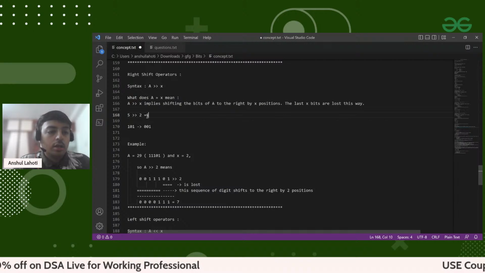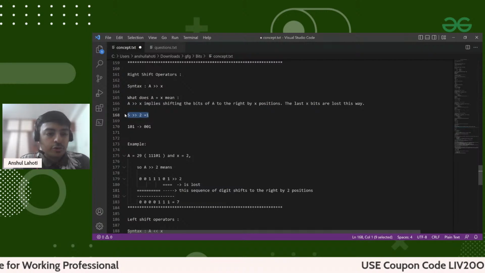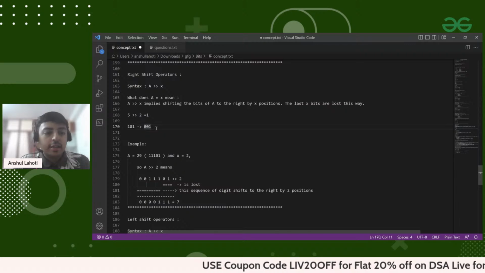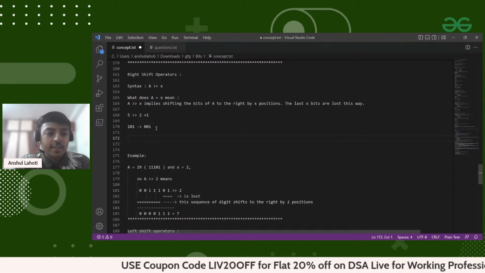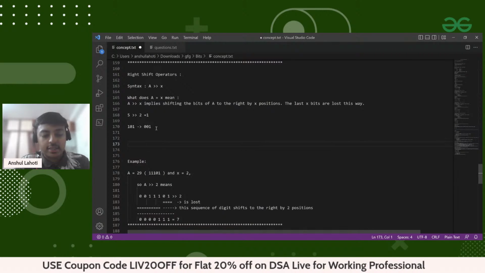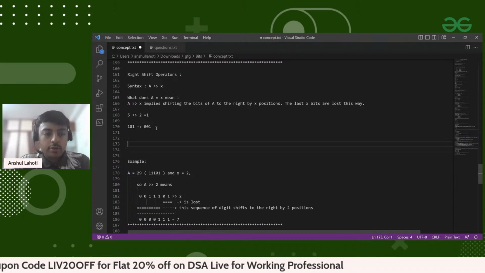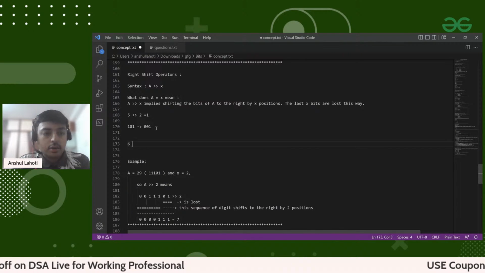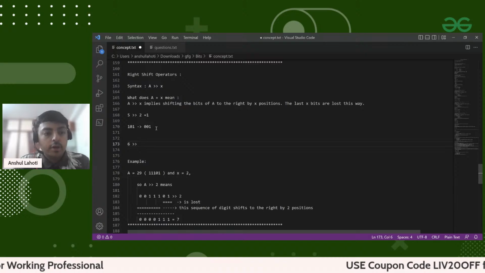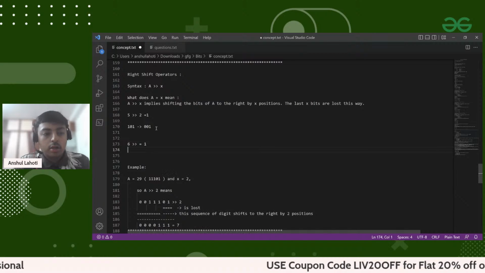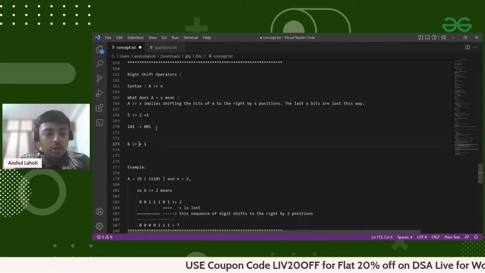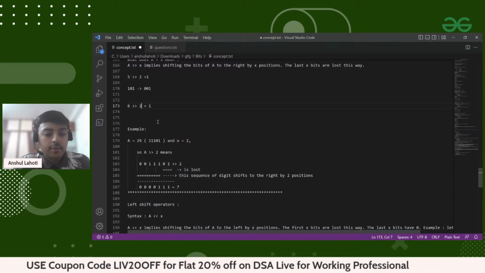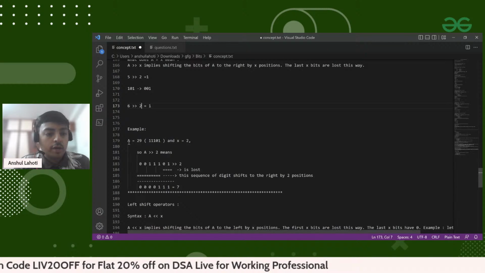That's the output. If you look into this pattern, you will get to know what right shift exactly means. Also, 6 right shift 2 is also 1. Similarly, let's take a bigger example.